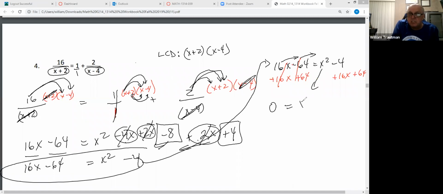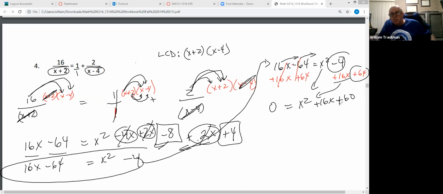Then I have x squared plus 16x. A minus 4 and a plus 64 is a plus 60. So if you have an x squared, everything has to go to the x squared side and has to equal 0, and we're going to factor it, of course.